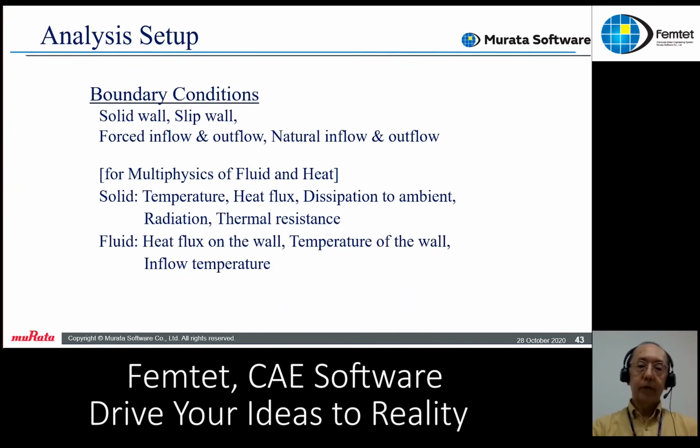For multiphysics of fluid and heat, you can set to the solid the temperature, heat flux, dissipation to ambient, radiation and thermal resistance. And to the fluid body, you can set the heat flux on the wall, temperature of the wall, the inflow temperature.